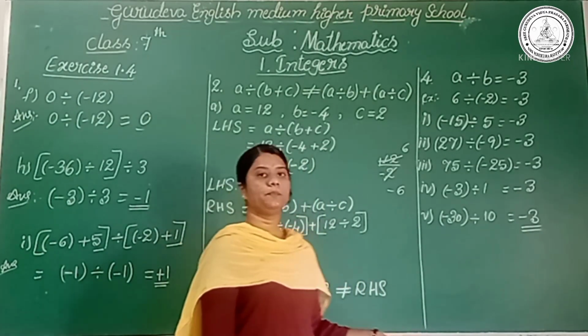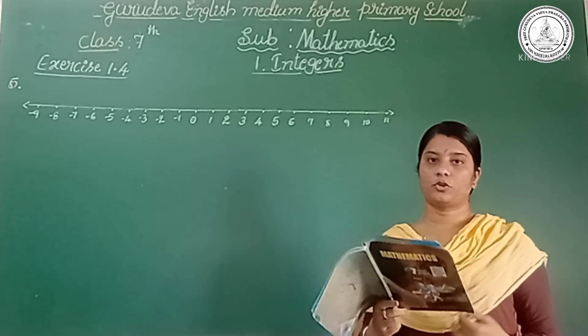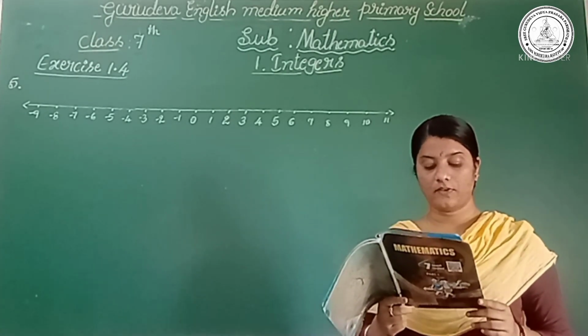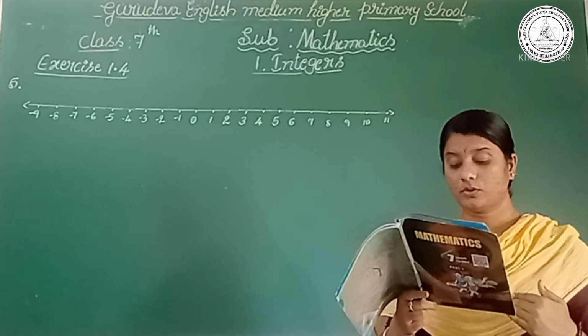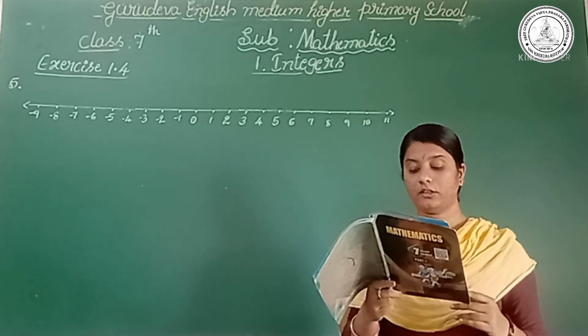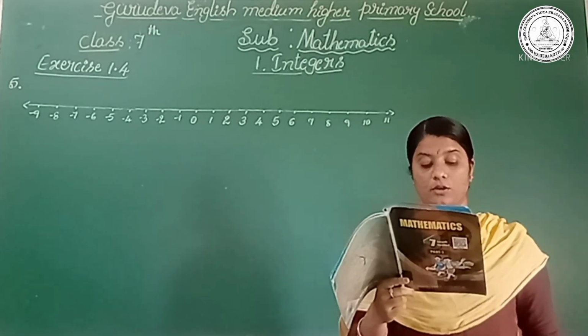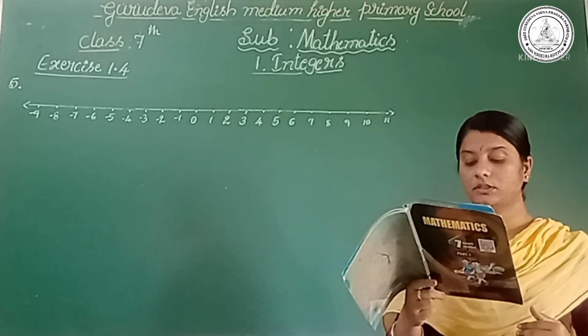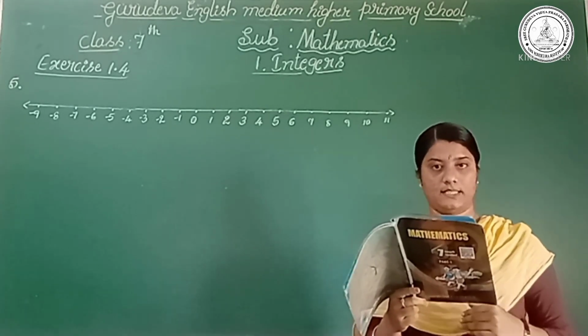Okay? Is it clear? Yes. Then let's go to solve the fifth question. The fifth question is, the temperature at 12 noon was 10 degrees Celsius above 0. If it decreases at the rate of 2 degrees Celsius per hour until midnight, at what time would the temperature be 8 degrees Celsius below 0?